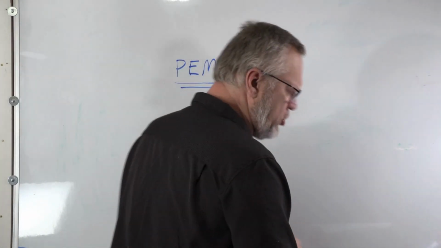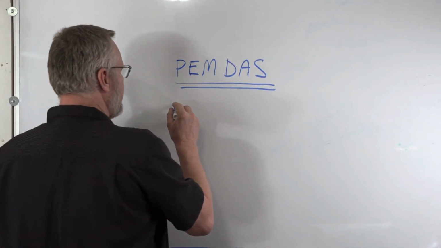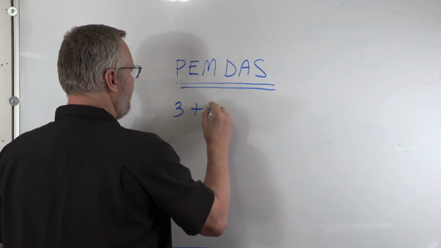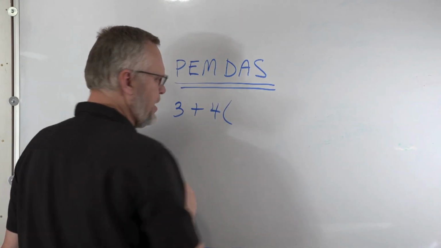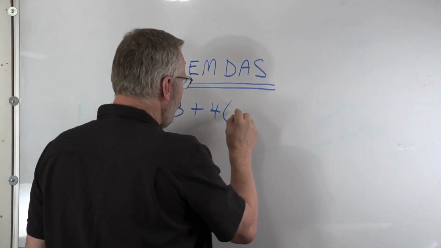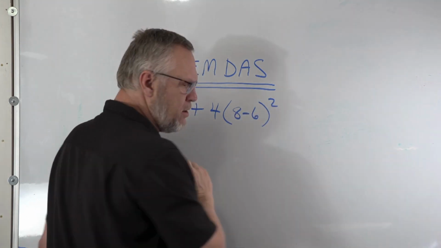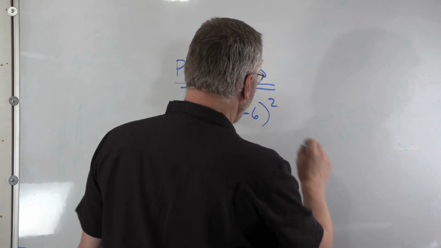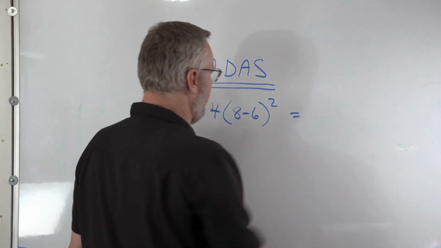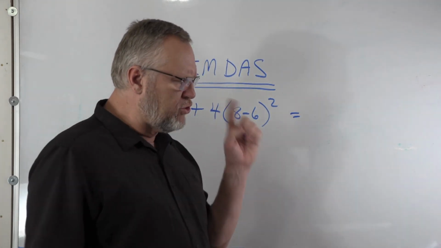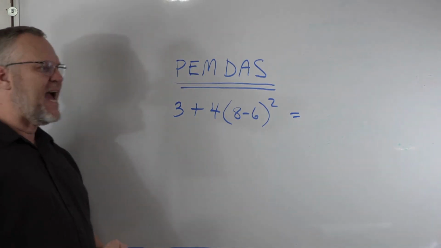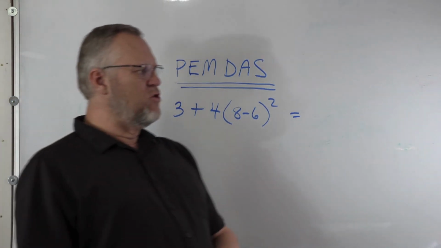The first one we're going to do is 3 plus 4 times (8 minus 6) squared, and we're going to put an equal sign out here. Now we're going to figure out exactly how to evaluate this.